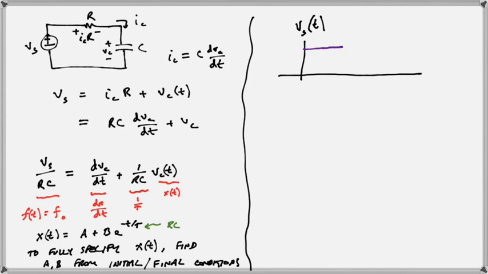Starts at 5, goes down to 0 volts, back up, and so on. Let's say this is some switching time. We'll call it T1. Let's call this T0, T1, T2, and so on.